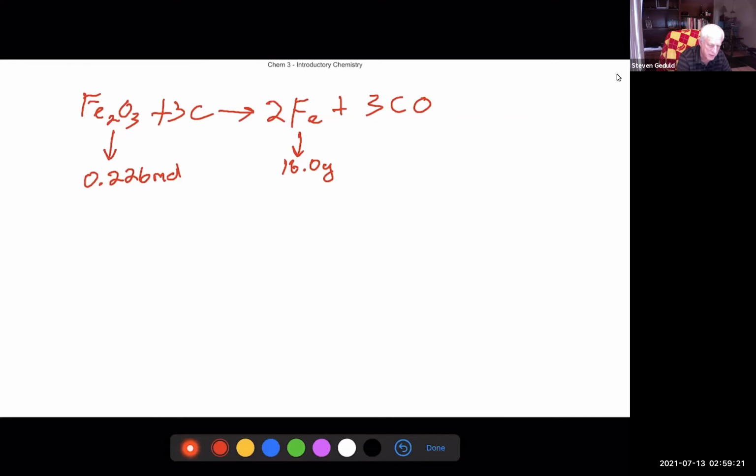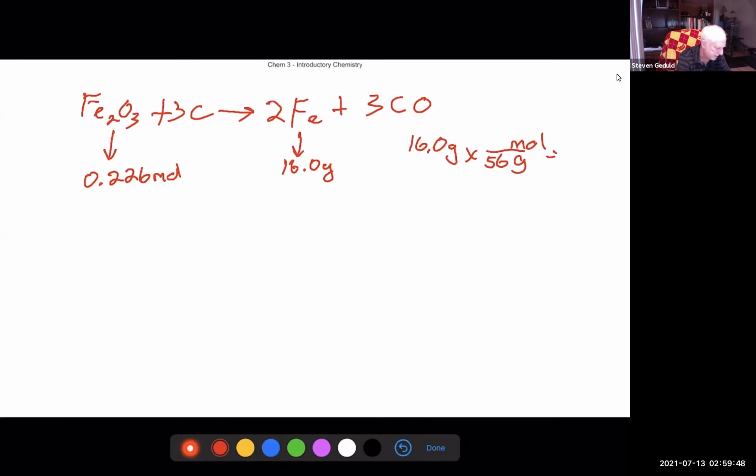So the actual yield is 16 grams. And how many grams per mole? Because it asks how many moles it is. So iron weighs 55.8, so 56, we'll round it up, 56 grams per mole. So roughly 16 divided by 56.